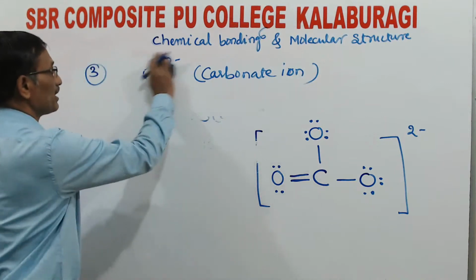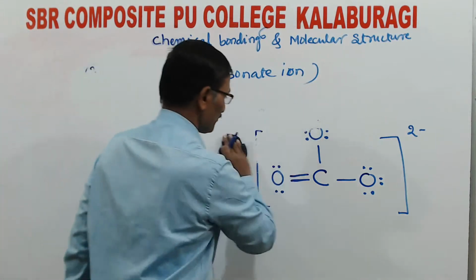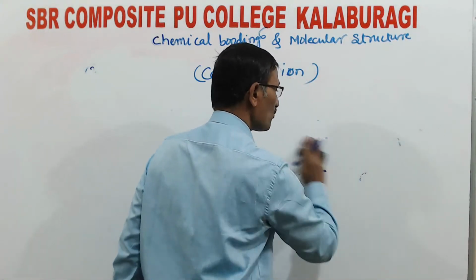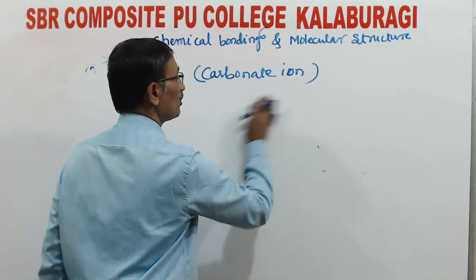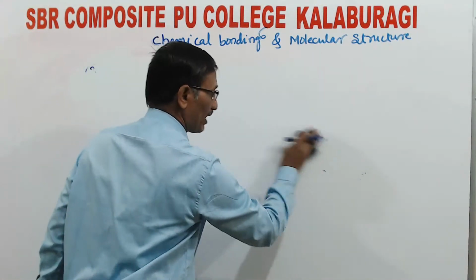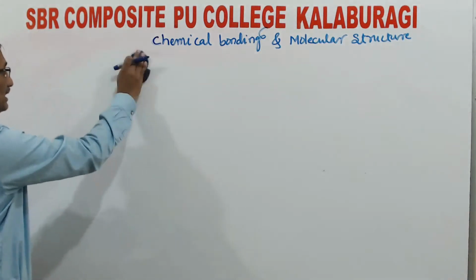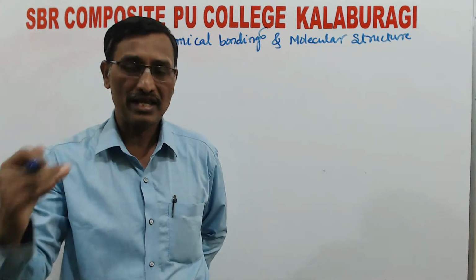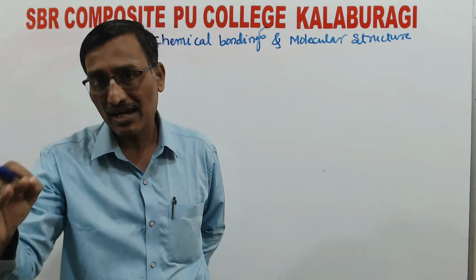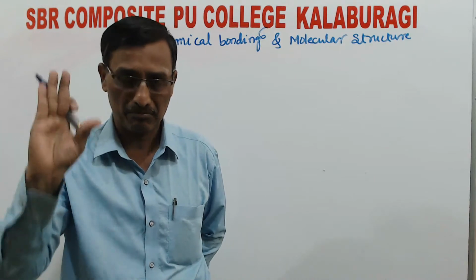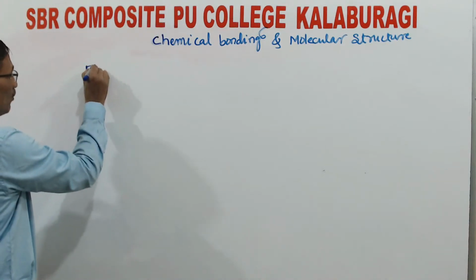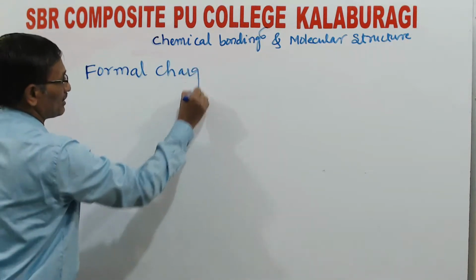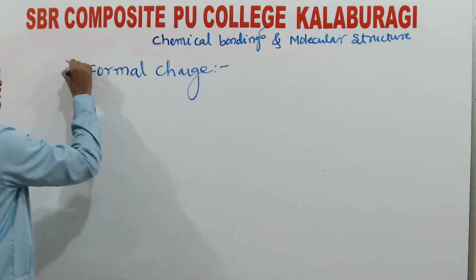Now a very important thing. See here, if you are going to consider any polyatomic ions, not only polyatomic ions, even polyatomic molecules, whatever the net charge will be there, that net charge belongs to that whole ion. That charge does not belong to any particular atom. Let us see one of the interesting, very important concepts, that is formal charge, student.